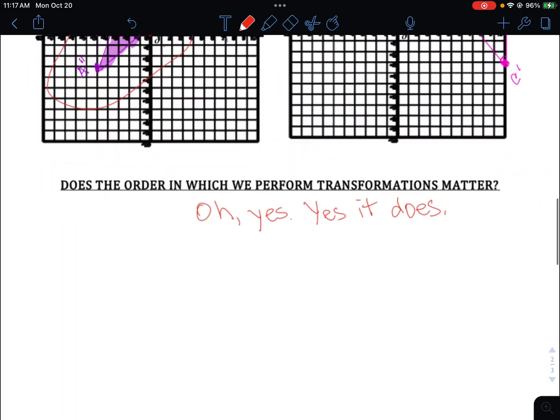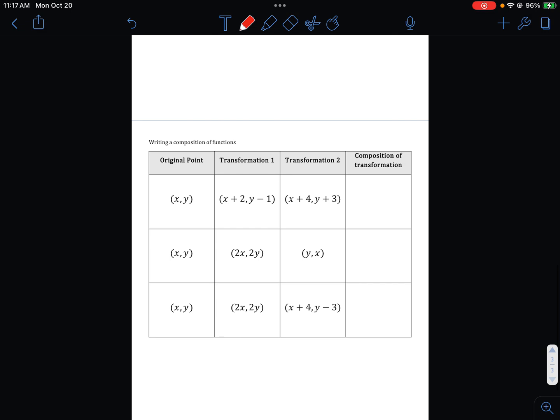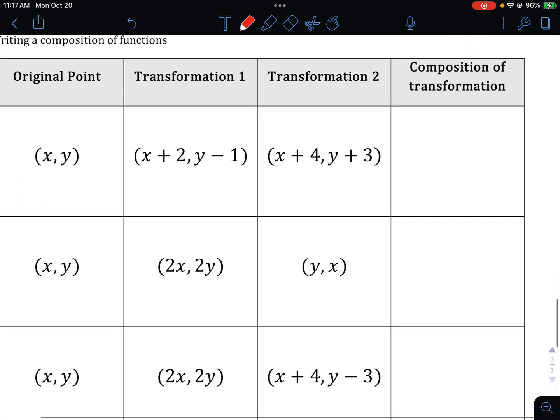And all you're really doing is looking at all of the transformations that you would have had. Writing a composition of transformations is essentially putting two transformations in a row. So my first transformation here is 2, -1. It's a translation. And here, this one is 4, 3.